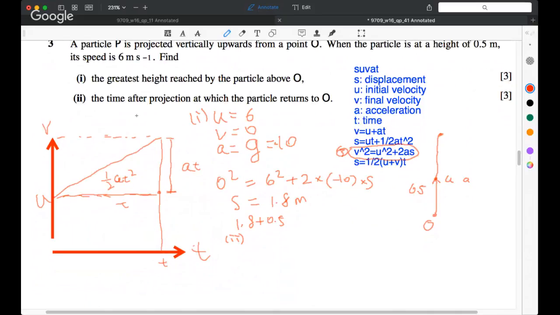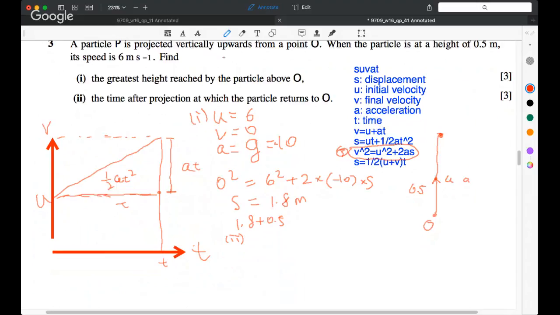Now we're trying to find the time after projection at which the particle returns to O. The third equation of motion doesn't have time in it, so it's not of much help, but the other equation of motion does. Here we can introduce a little trick.